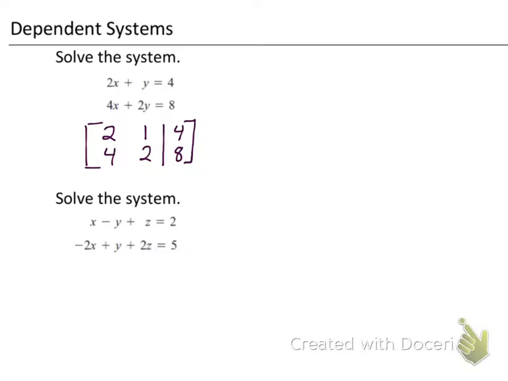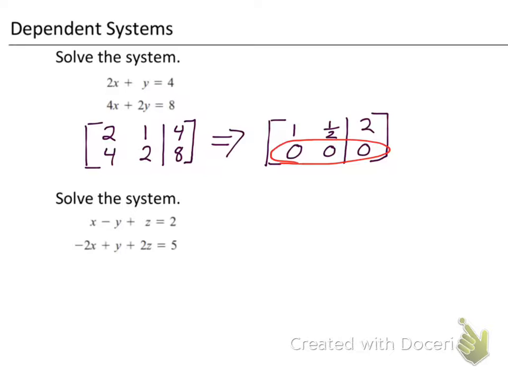Okay, so using our calculator, it did all that work for us, and we came out to 1, 1/2, 2, 0, 0, 0. But note this 0 0 0 thing.